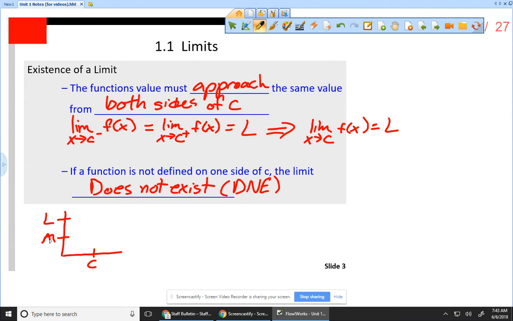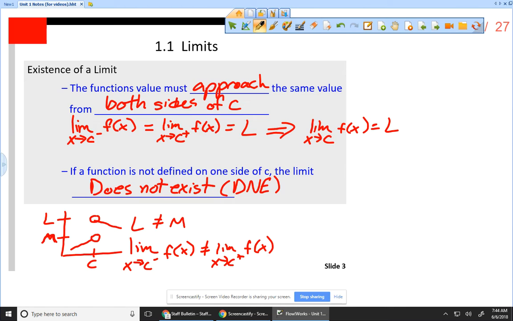And let's say that the graph comes from the left towards a value of M and from the right towards a value of L. We would say that this limit does not exist because L is not equal to M. Or in other words, the limit as x approaches c from the left of f of x does not equal the limit as x approaches c from the right of f of x.